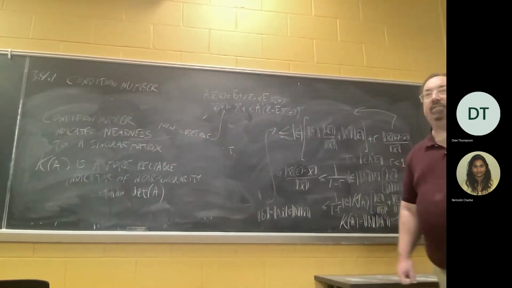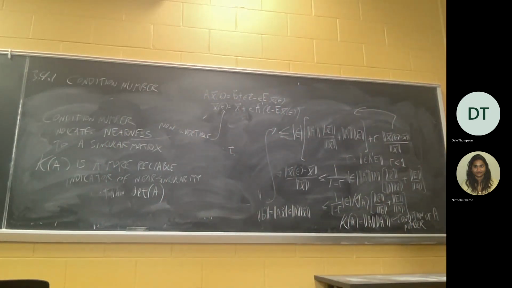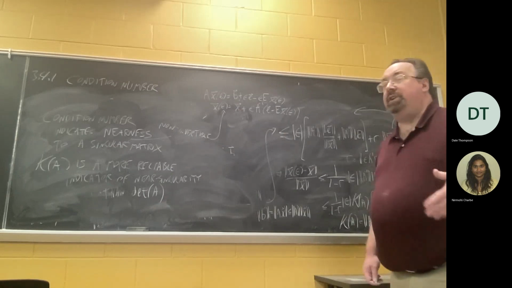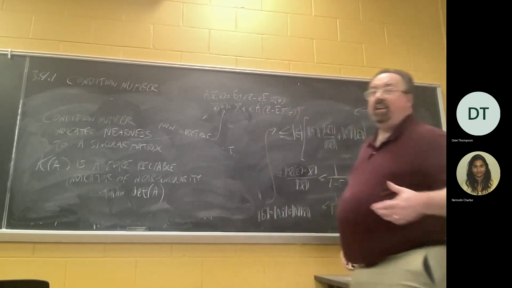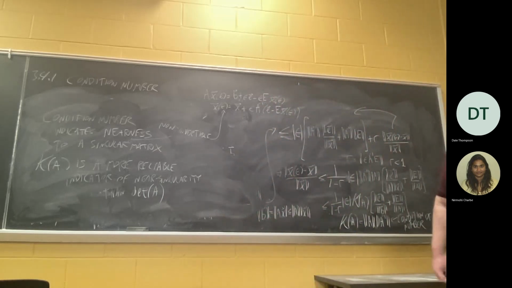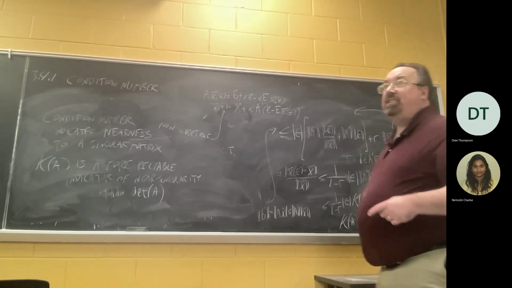You learned in your first linear algebra class that a matrix is invertible, or non-singular, if and only if its determinant is non-zero. The trouble is the determinant is influenced by the way the matrix is scaled, whereas the condition number is not.